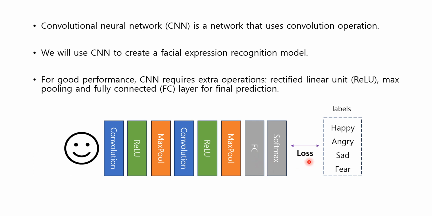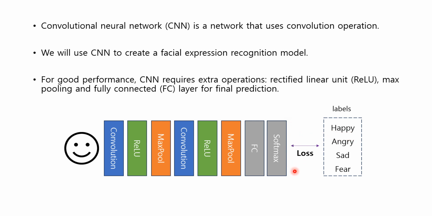And the loss function calculates how close the output representation is to the actual emotion label. So in this case, the input data is happy face, and if the training is bad, then the loss is going to be high, representing the learned output representation is far from the happy emotion.